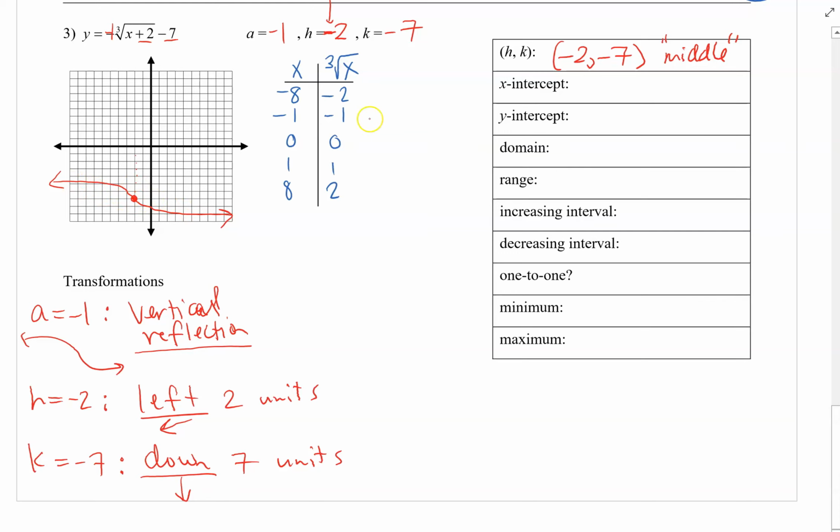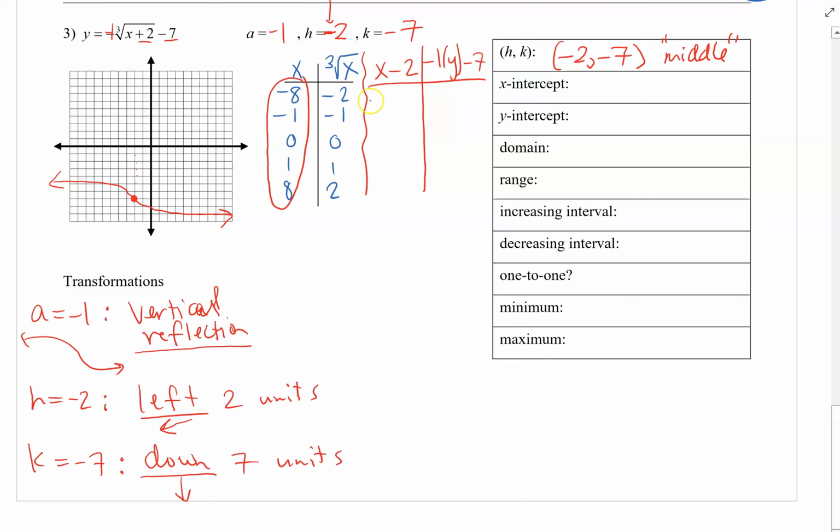Okay, so let's get our table of values for the transformed function. So for the transformed function, I'm going to do x minus 2. So remember, what happens to x in my table is opposite what's happening to x in the equation. And then I'm going to do negative 1 times y minus 7. So my x's were these ones here.